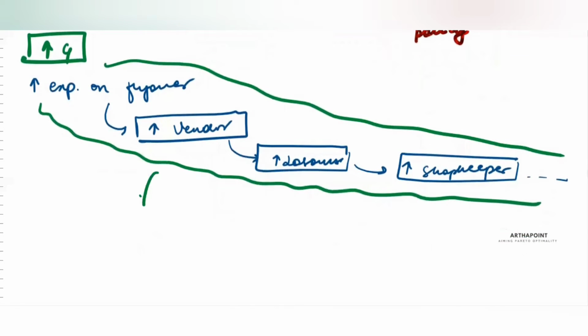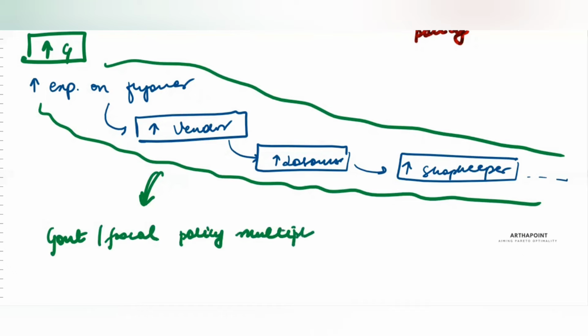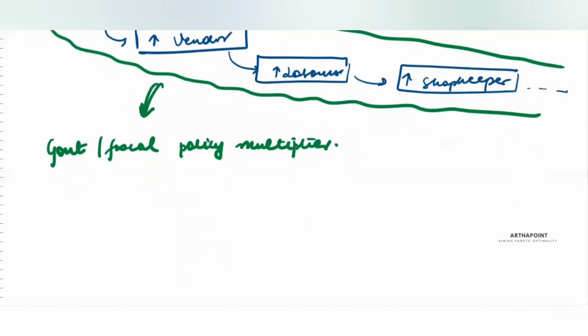This is known as the government or fiscal policy multiplier. The fiscal policy multiplier is how your income changes when government expenditure changes.